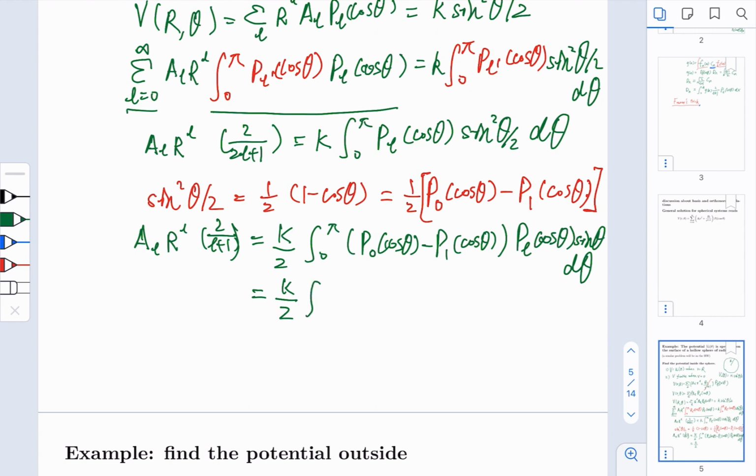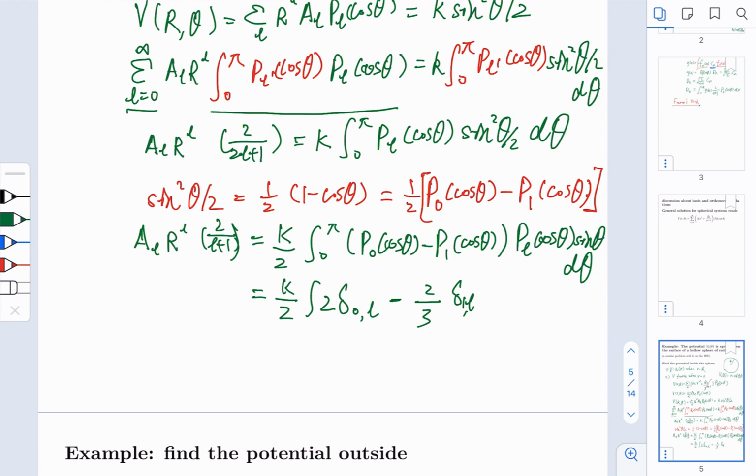So the first one simply gives us this delta 0L and a normalization factor of 2, and the second one gives us 2/3 because 2/(2L plus 1), and delta 1L.